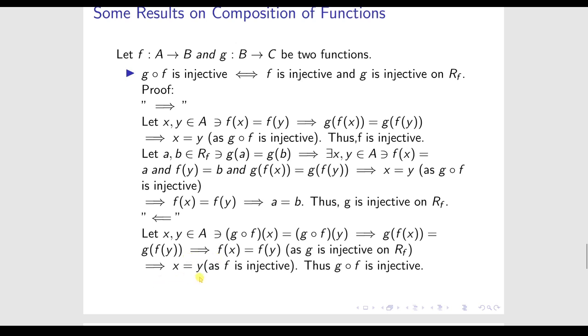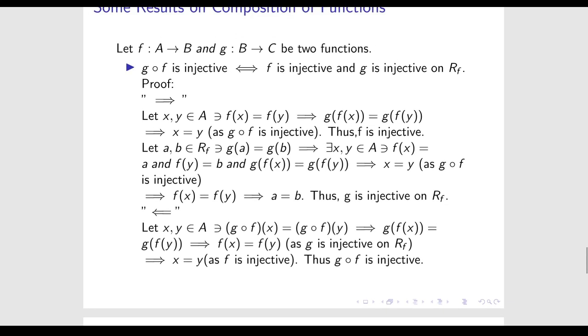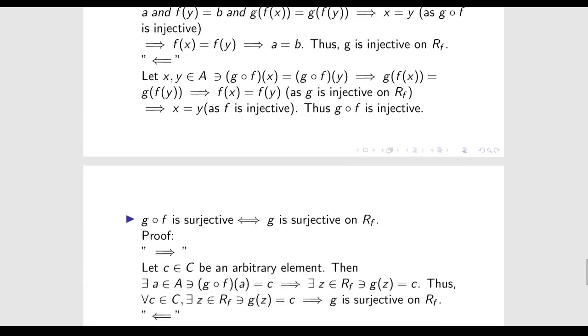This implies x equal to y because f(x) equal to f(y) implies x equal to y as f is injective. Thus g(f(x)) equal to g(f(y)) implies x equal to y, thus g∘f is injective. Hence we have proven both directions and our proof is done.